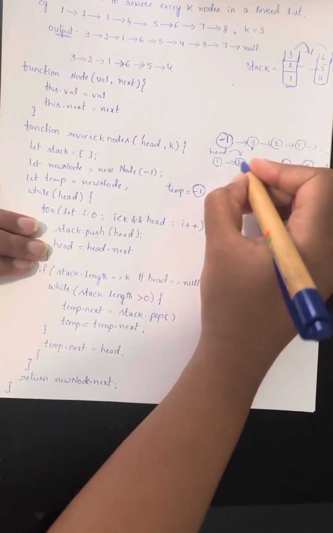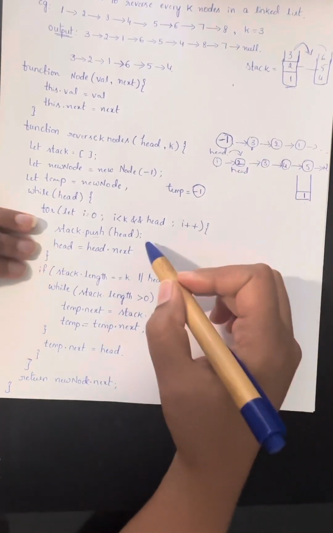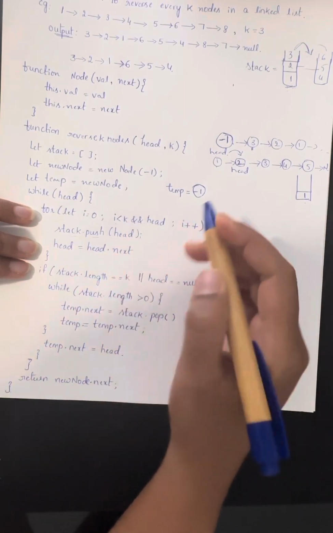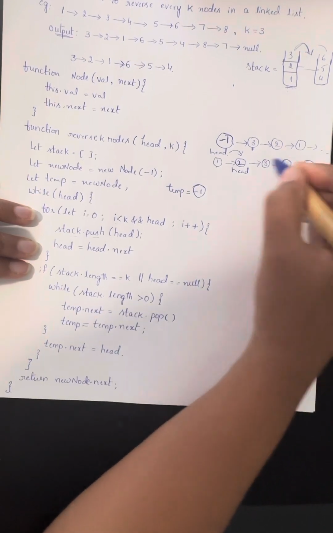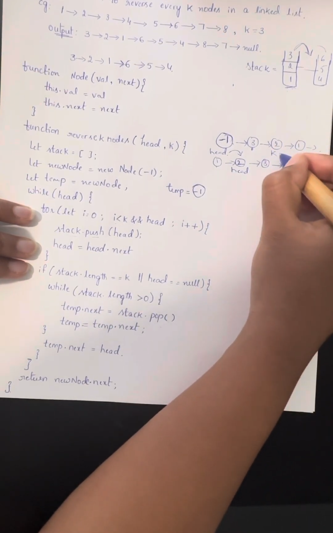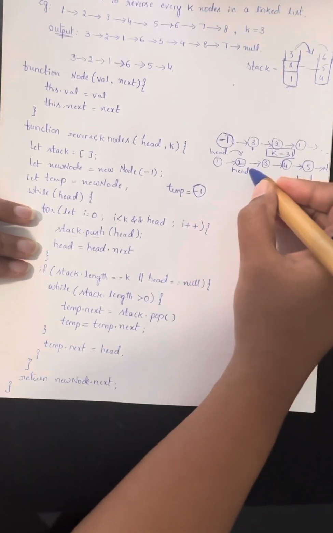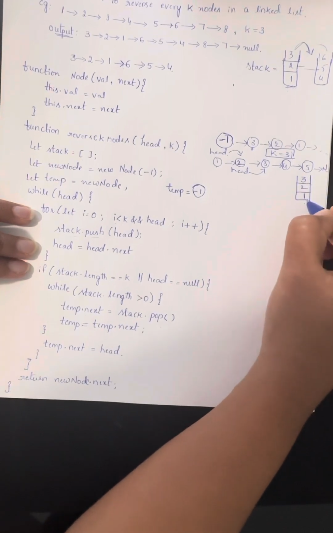So head comes to the second node, and I is still less than k, so we push 2 here. k equals 3 in the input, and the head moves to the next node and we push 3 to the stack.